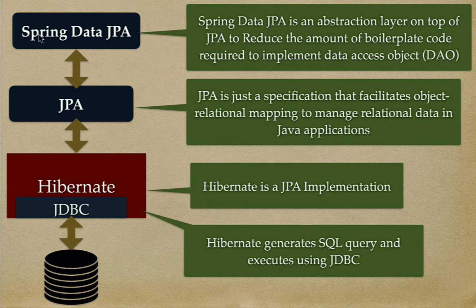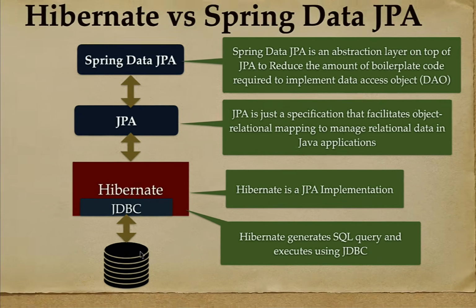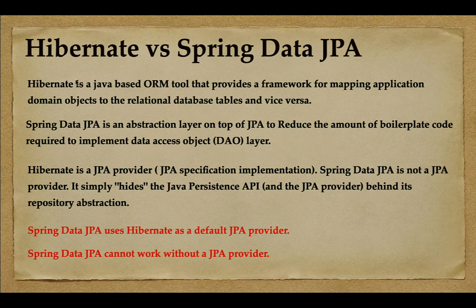Alright, so Spring Data JPA internally uses JPA APIs, and Hibernate implements JPA APIs. And Hibernate internally uses JDBC to communicate with the database. This is how the flow goes. Well, let me summarize the difference between Hibernate and Spring Data JPA.